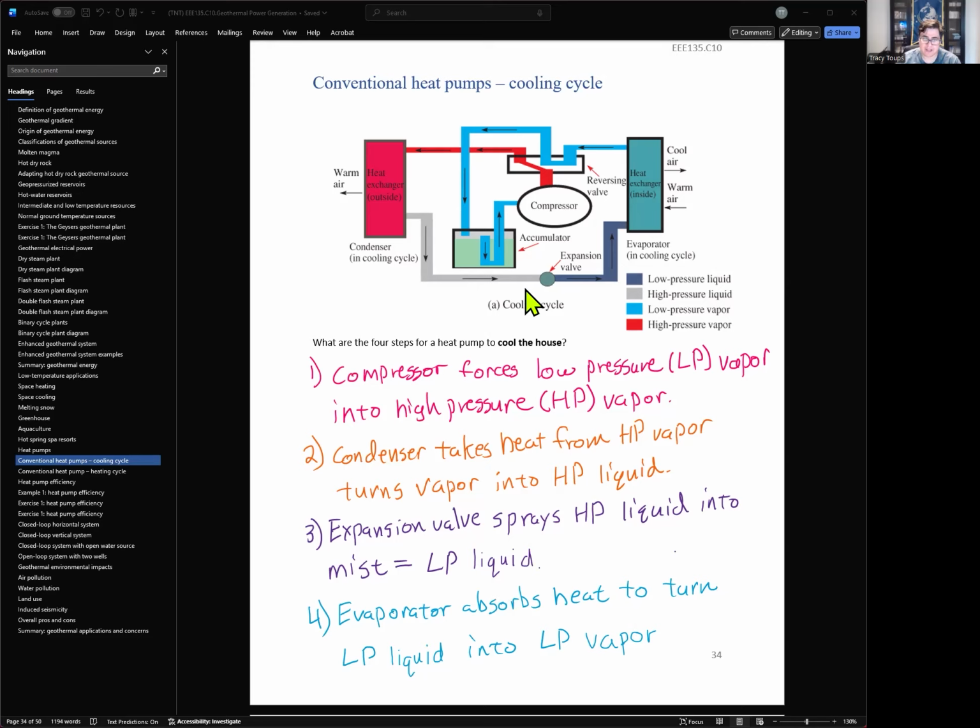That's about right here, the expansion valve. And then number 4, we go to the evaporator core here, and this will absorb the heat and turn the low pressure liquid, which we just had, into low pressure vapor. I believe it was swapped over here before. I just wanted to interject to make sure we catch this before we go any further. The rest of the explanation should be okay on the next heat cycle.